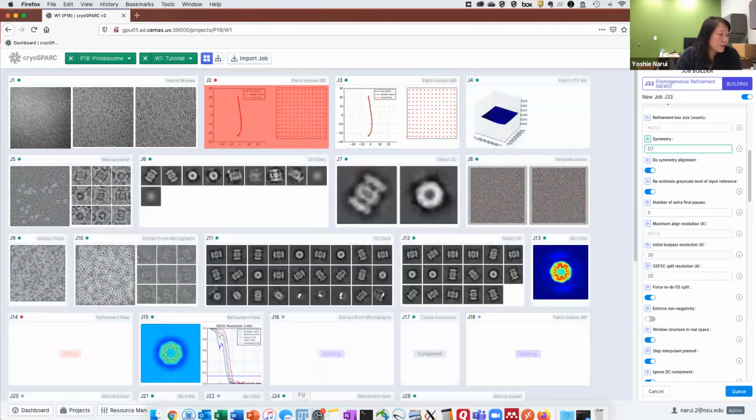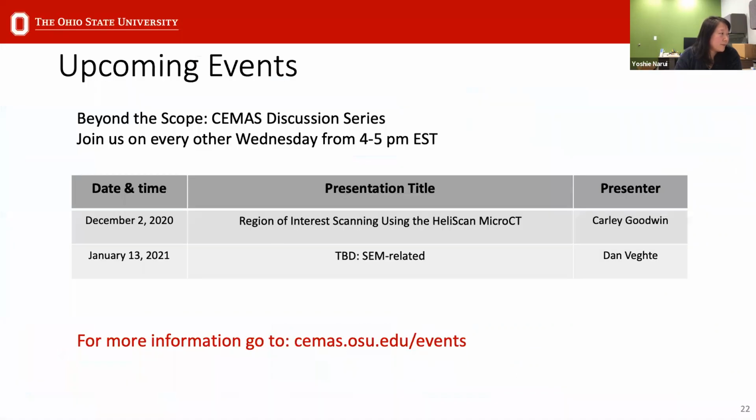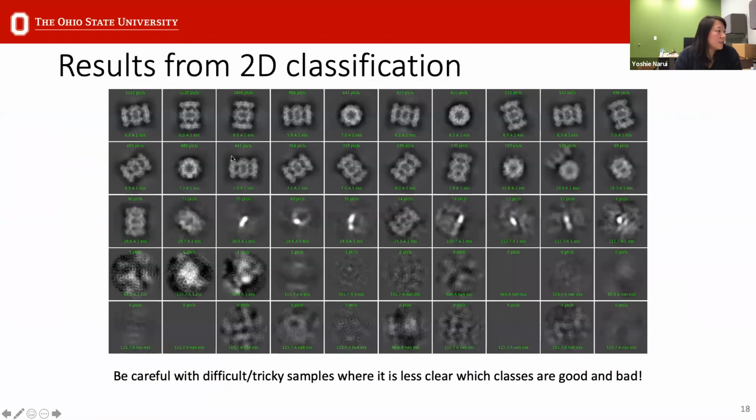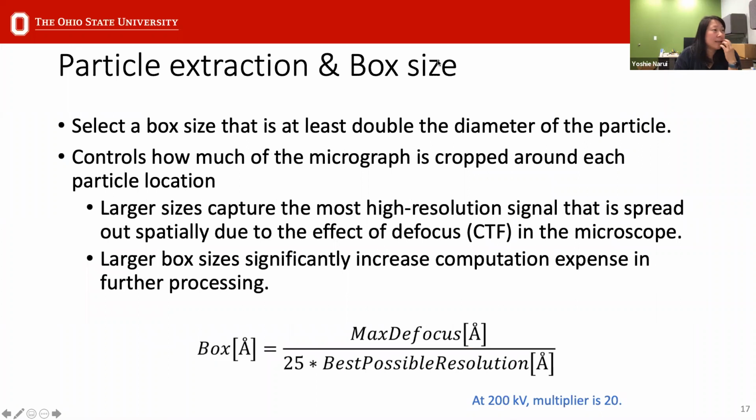One other thing I was going to mention, which I had a slide about, but I skipped over. When you extract the particles out of the micrographs, you have to be careful about what size box, so how much area around the particle you're actually selecting.